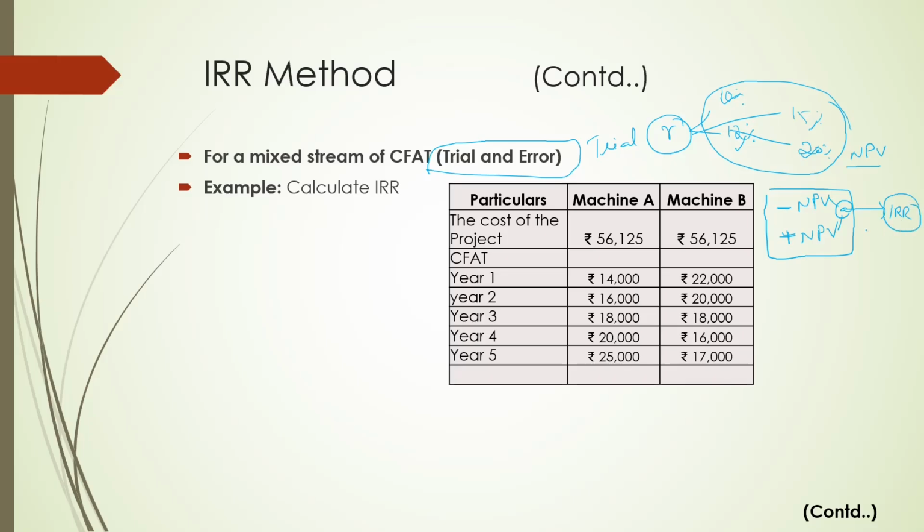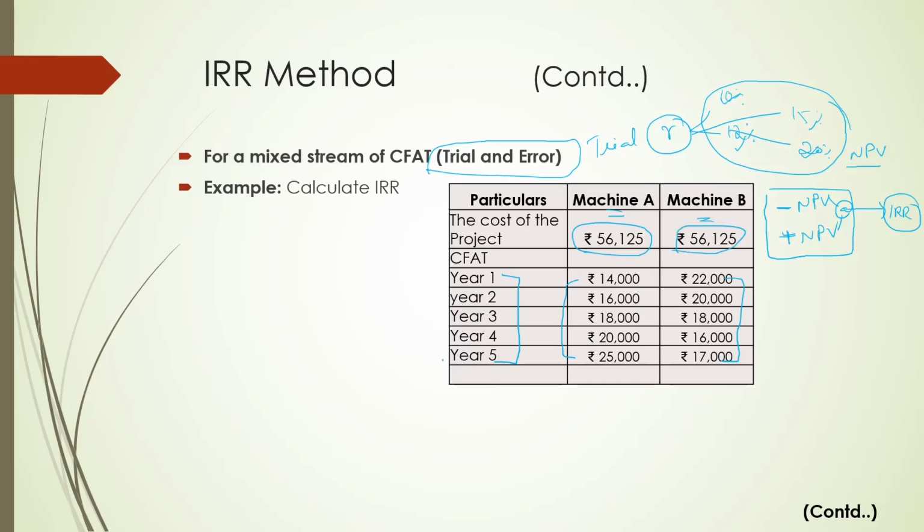So the first method is we need to calculate NPV, right? Okay. So this is the duration of the project. Machine A, these are the cash inflows. Machine B, these are the cash outflows. If you observe, the investment is the same for both the projects.